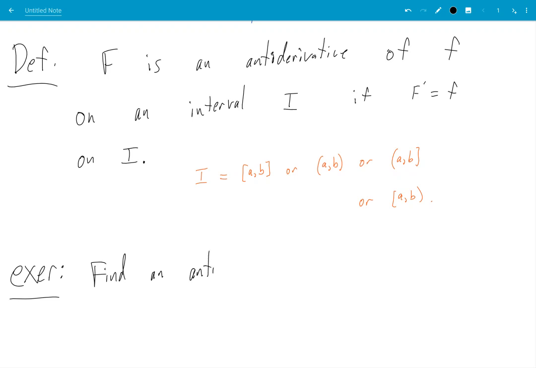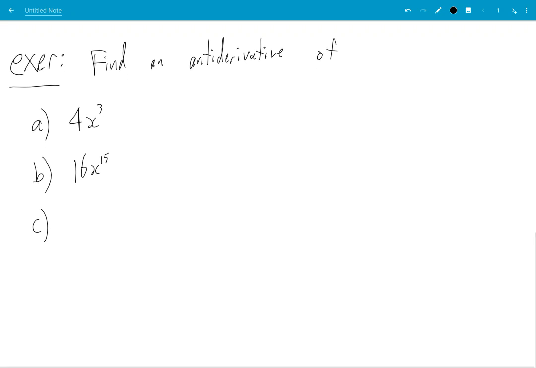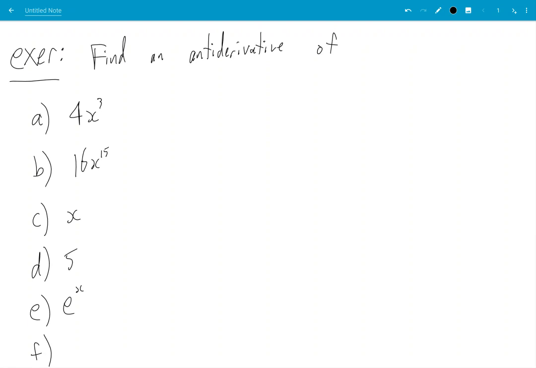Find an antiderivative of a, 4x cubed, b, 16x to the 15, c, just x, d, just 5, e, e to the x, and let's say f, 1 over x.